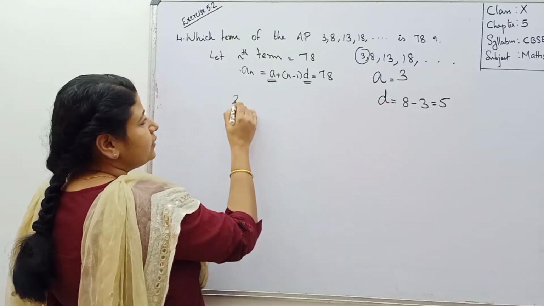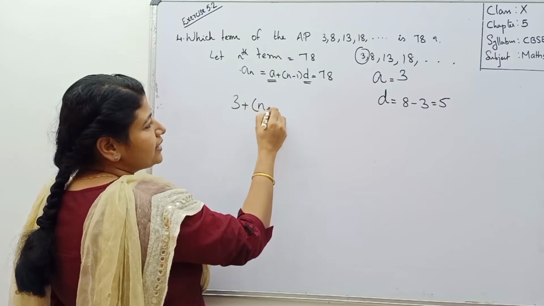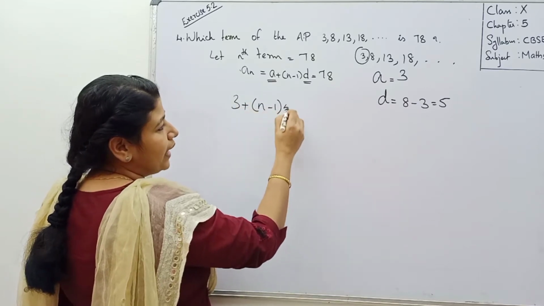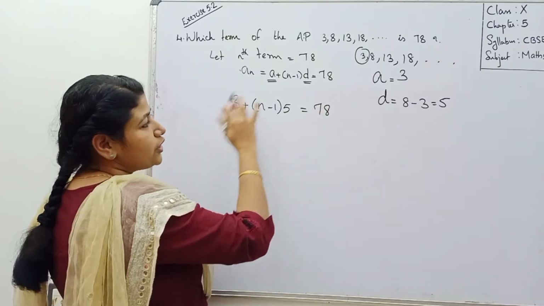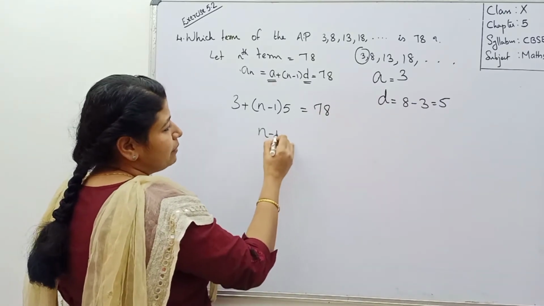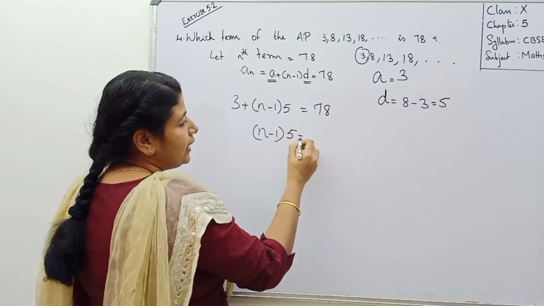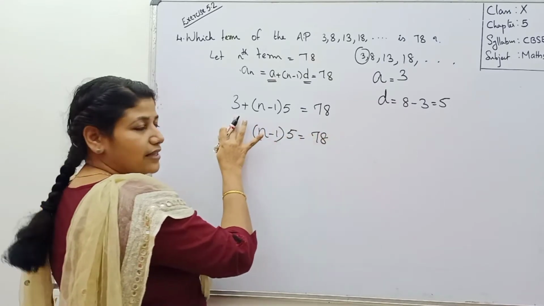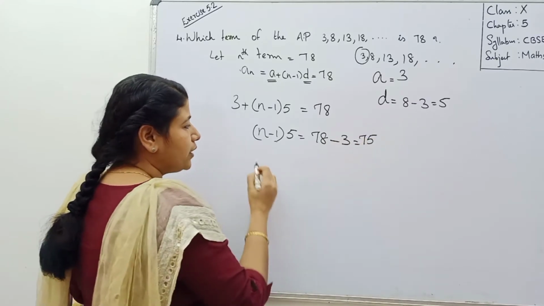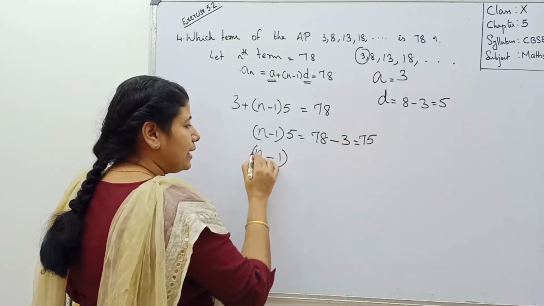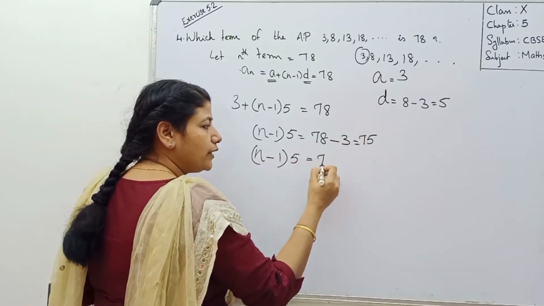We will get 3 plus n minus 1 into 5 which is equal to 78. You take this 3 to that side, then you will get n minus 1 into 5 equal to 78 minus 3, which is equal to 75. So we got n minus 1 into 5 equal to 75.